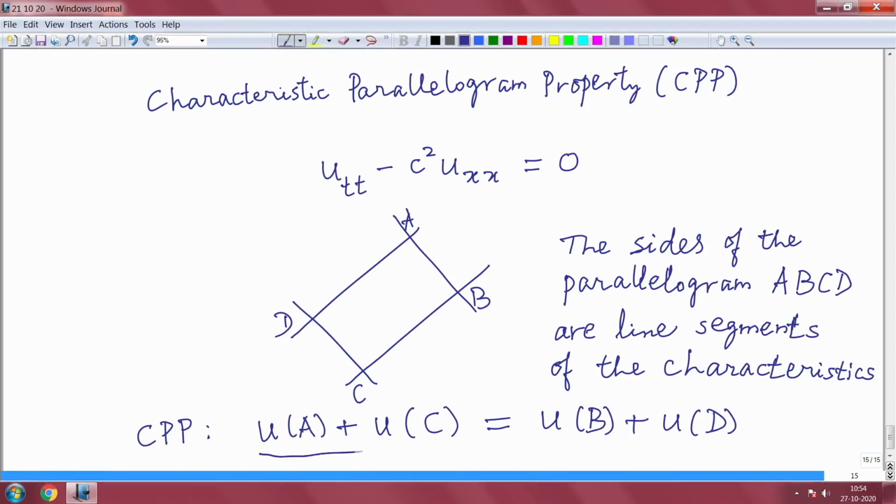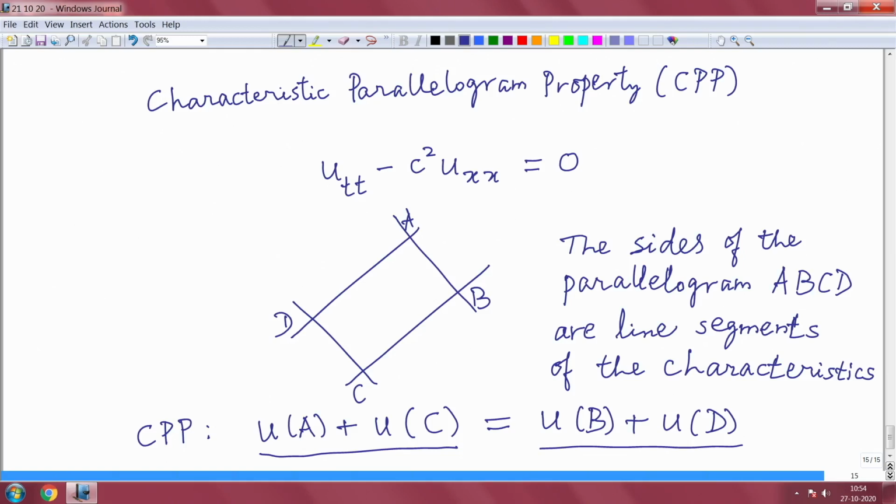So, this is the sum of these solutions at A and C, and this is the sum of the solutions at B and D, and the characteristic parallelogram property states that U A plus U C is equal to U B plus U D. So, if you know the values of the solution at any 3 points of the characteristic parallelogram, then the value at the 4th point is determined by this property. So, this is an important property which we are going to use later.